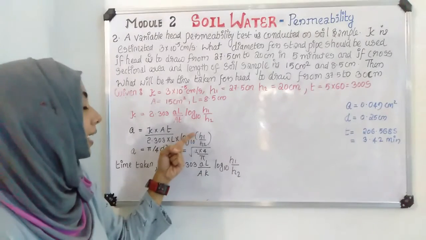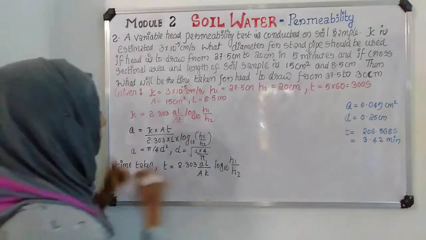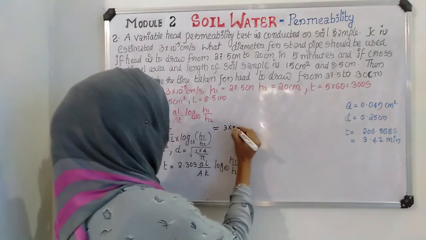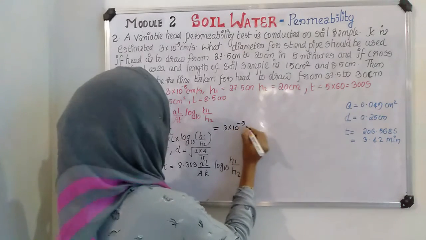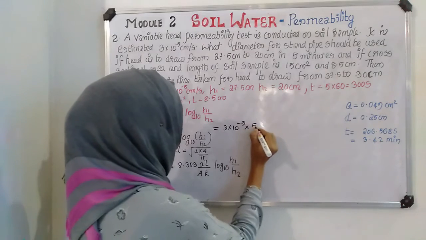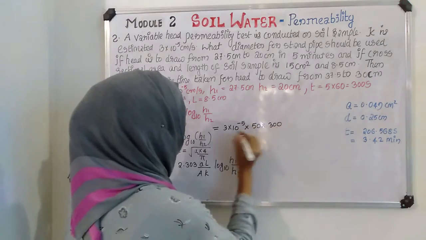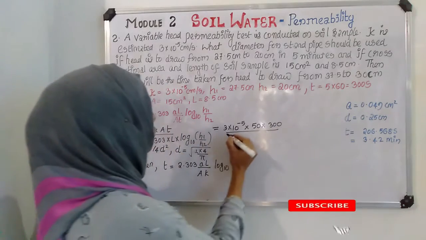By substituting in this equation, K is 3 into 10 raised to minus 5, into area of cross section is 15 centimeter square, and time is 300 seconds, divided by 2.303.